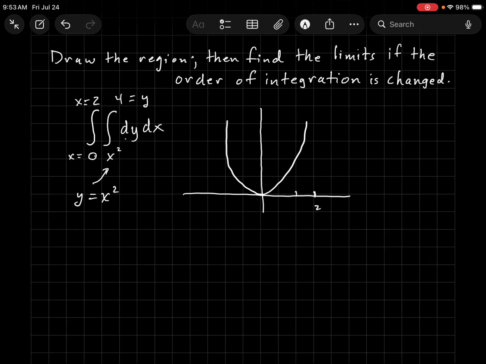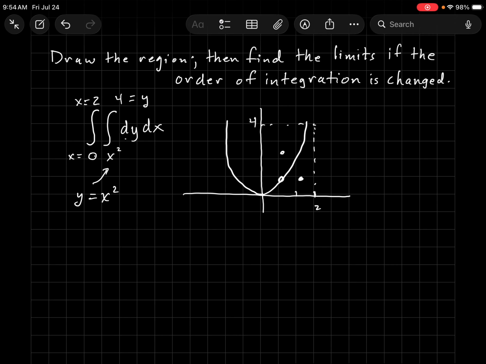So over here, which does give me y equals 4. Now, it could be this region over here below the graph, or it could be the region up here above the graph. Well, which one is it? Well, let's see what it says. It says we're starting at y equals x squared. So the lower bound is y equals x squared.